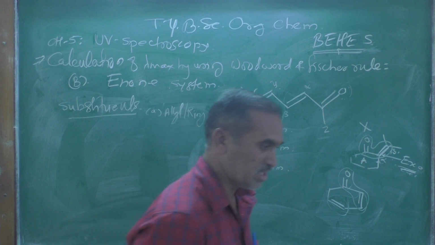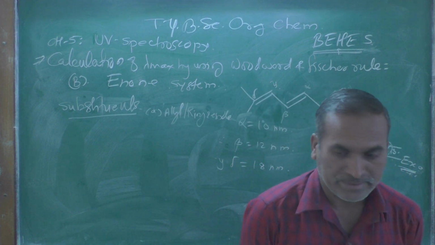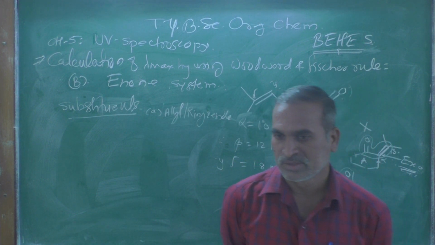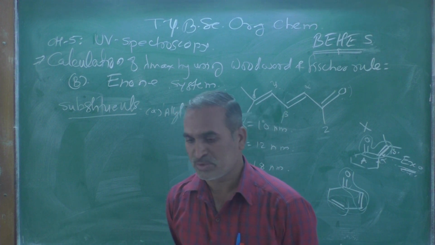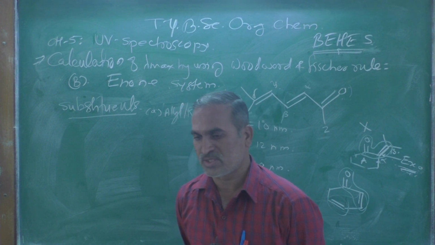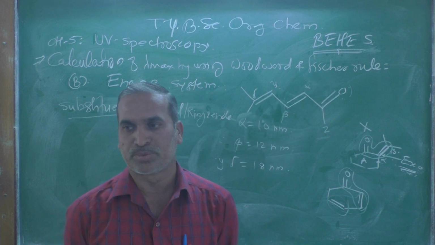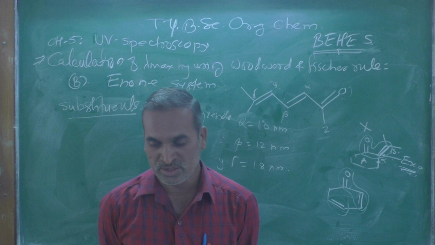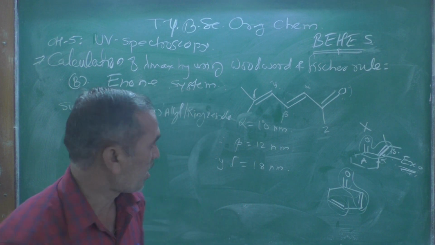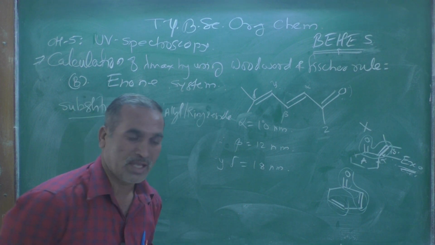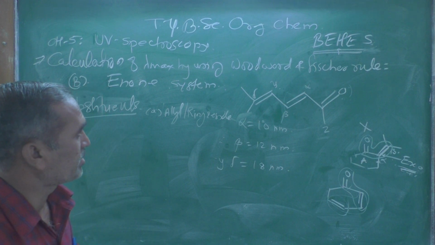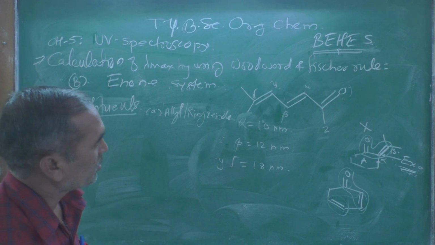Remember, the enone system is somewhat more difficult compared to the diene system. The diene system is a very plain system, we can use the alkyl group. But in an enone system, you should remember alpha, beta, gamma and delta. If alpha is there, you can add 10 nanometer.